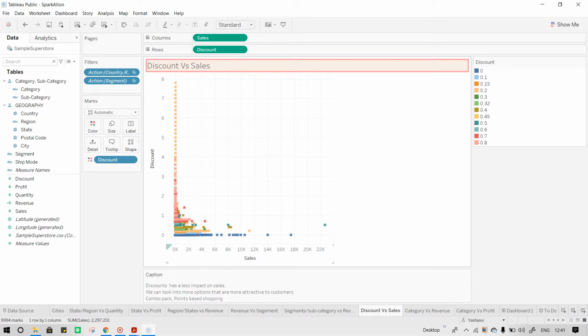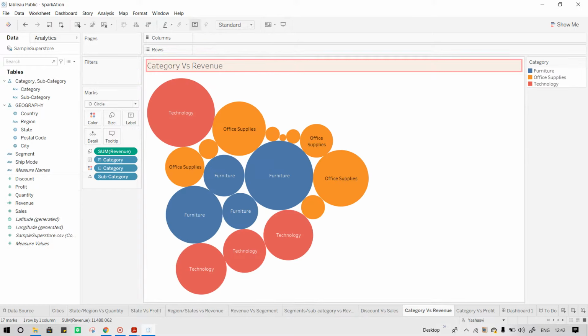So as a company, we should not give huge discounts, but rather normal discounts so that sales can be affected a lot. The other thing the company can do is more attractive things to attract more customers, like combo packs, as I told in the previous slide, and points-based shopping as well.